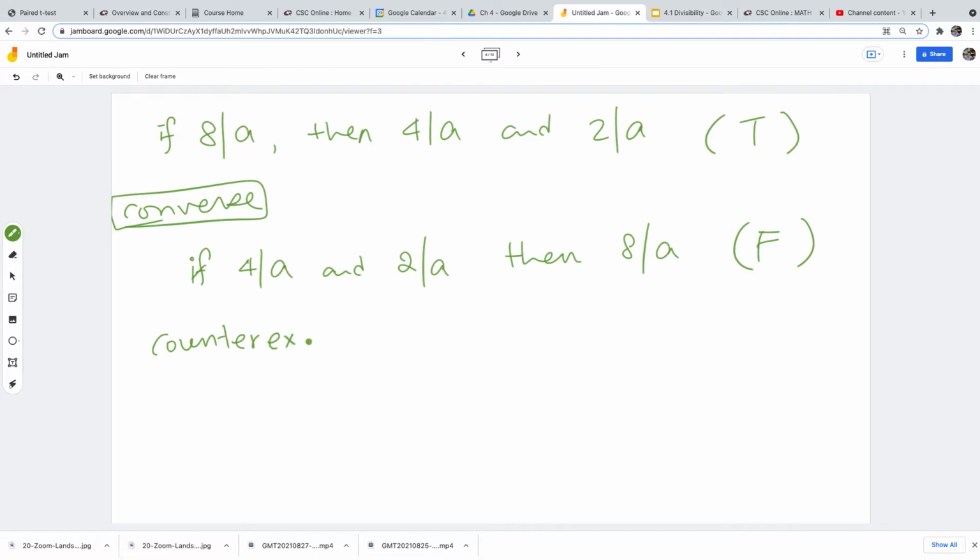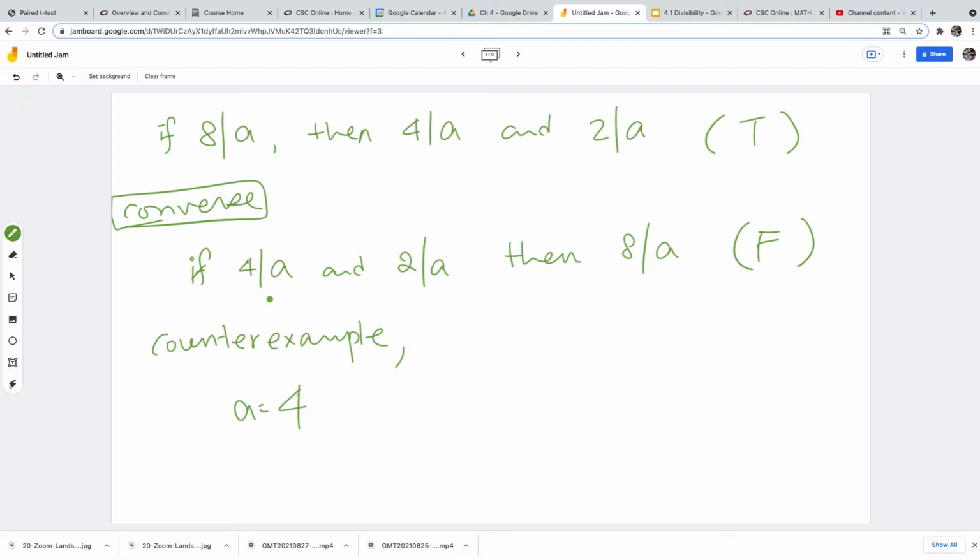Counter example. When you are picking the counter example, you need to make that example true for the if statement, but false for the then statement, the conclusion. So if you pick 4 as A, 4 divides 4, yes, and 2 divides 4.